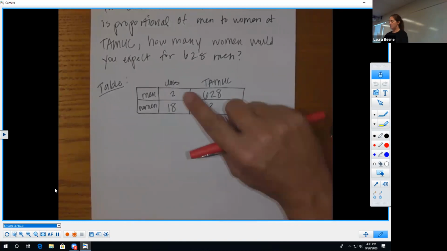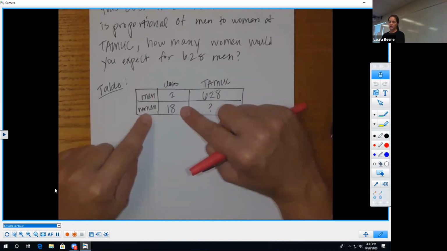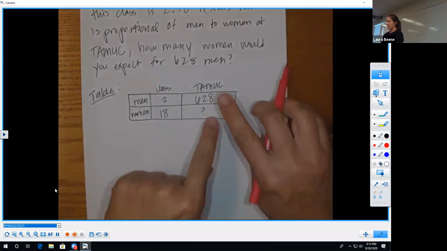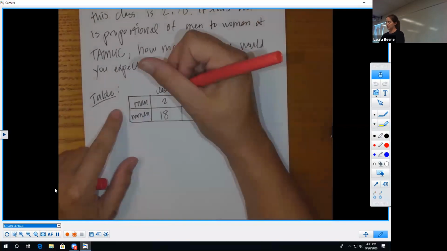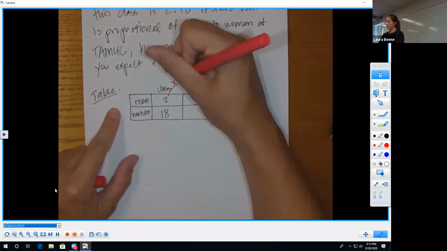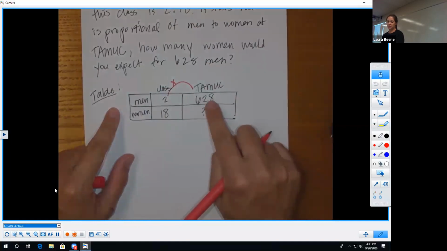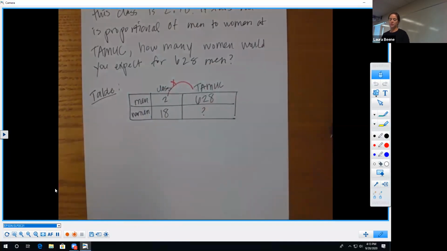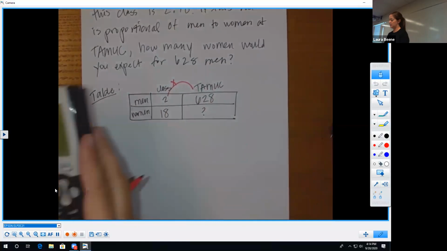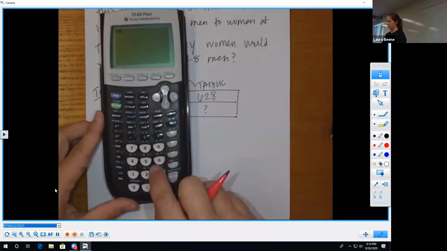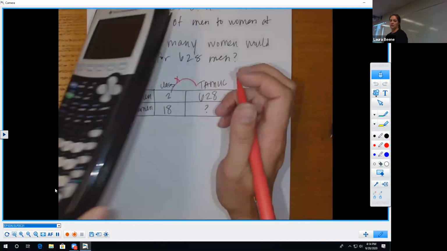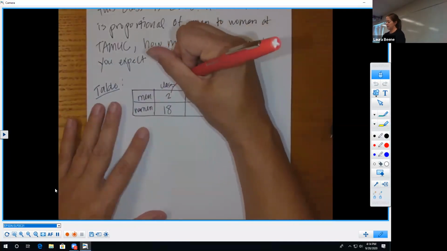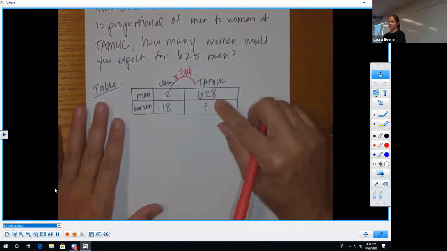So if I know that the ratio 2 to 18 is a true ratio and it works for this problem, and I know that 628 is my final number I'm trying to get to, what I can do is figure out, what do I multiply by here to get from 2 to 628? Well, one way you can figure that out is by using your calculator and doing 628 divided by 2 is 314. So I multiply by 314 to get to 628.